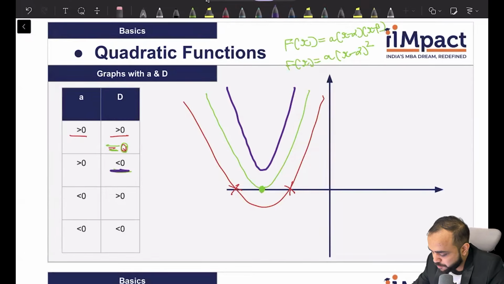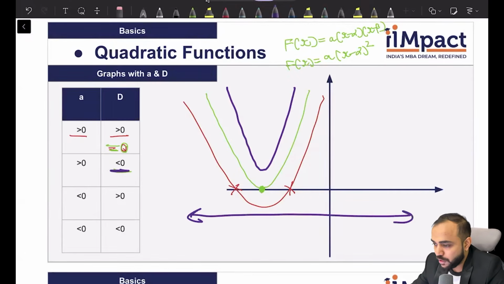Now, is the position of this vertex, because the parabolas I have drawn are towards the left side, dependent on these two variables, a or d? Not independently, right? You need to know the b value. So for these three graphs, can you tell me what is going to be the b value?